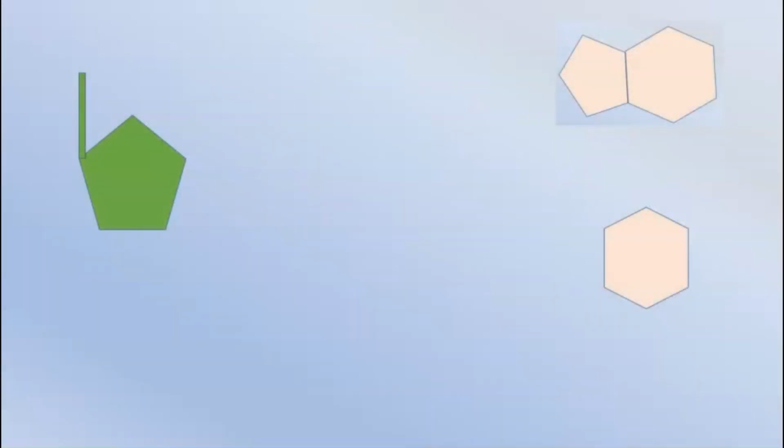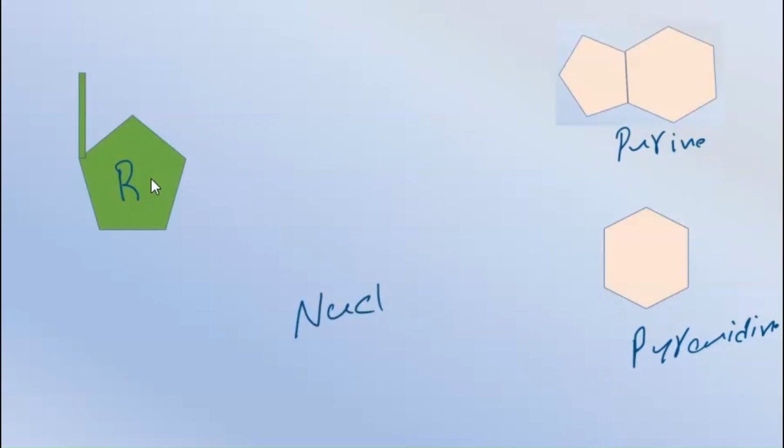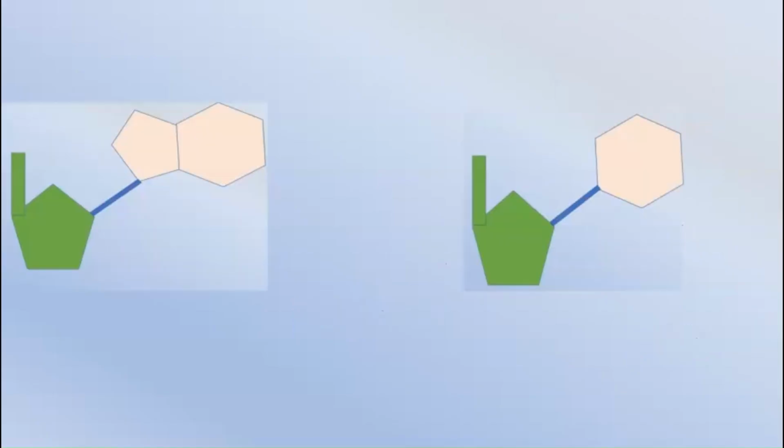Now we have our ribose sugar, and we've got our purine and, of course, pyrimidine. Now we want to connect these two with one another to form something called a nucleoside. The way I'm going to do this is that I am going to draw for you a certain structure. Before I say it, I want you to pause and think about the structure I have just written.